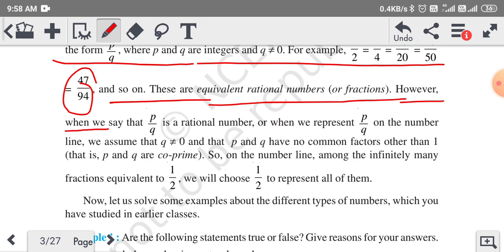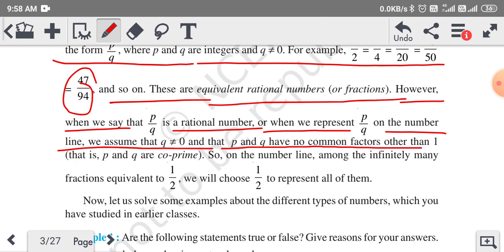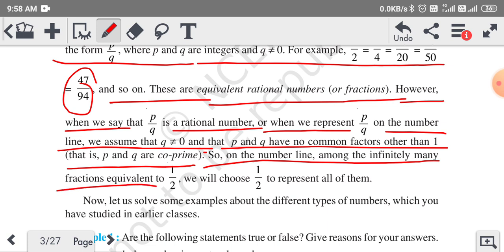However, when we say that p upon q is a rational number, or when we represent p upon q on the number line, we assume that q is not equal to 0 and that p and q have no common factors other than 1, that is p and q are co-prime. So on the number line, among the infinitely many fractions equivalent to 1 by 2, we choose 1 by 2 to represent all of them.